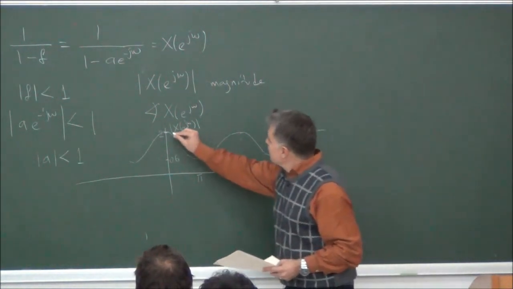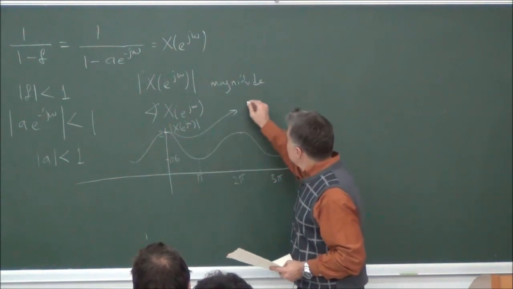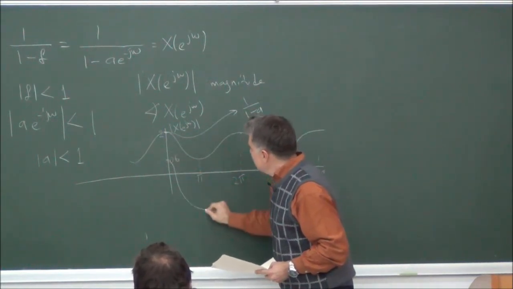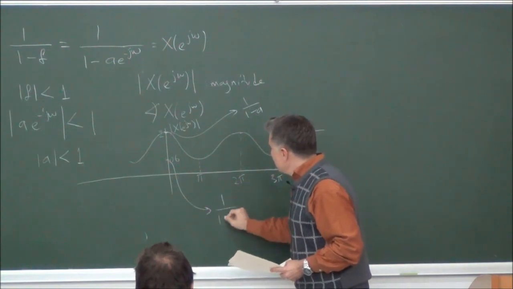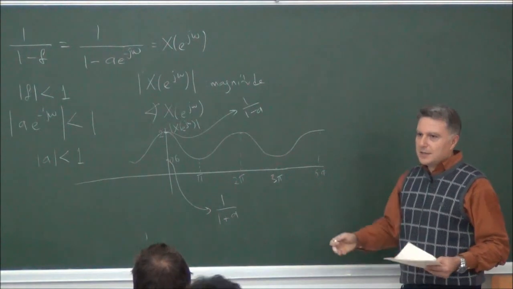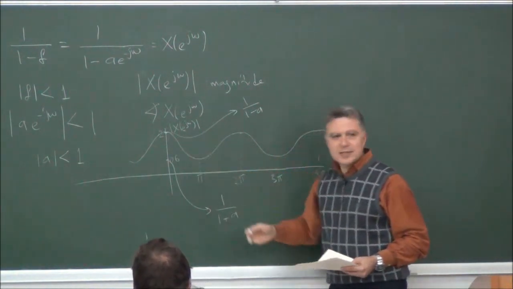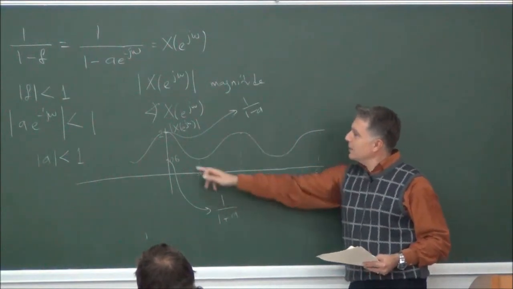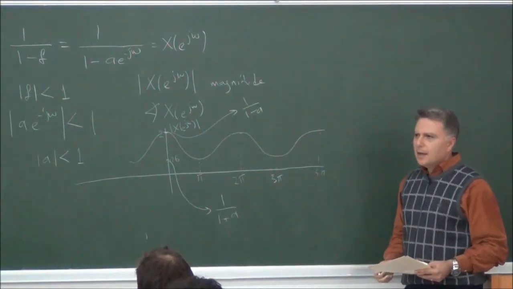In general, by the way, this value is 1 over 1 minus a, and this value here is 1 over 1 plus a. Isn't it? If it is 0.5, it is 2 and 0.6, but for other values of a, this value is 1 over 1 minus a, this value is 1 over 1 plus a.